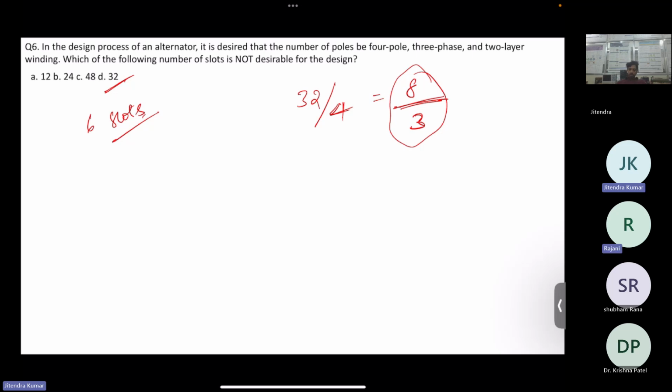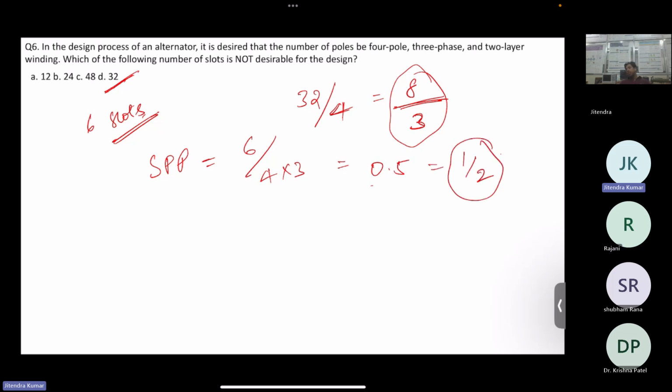So SPP is 6 by 4 into 3, so it is 0.5, which is 1 by 2. 1 by 2 is a rational number, right? So this could be a feasible design. So 6 slots is completely fine for this three phase, four pole winding.